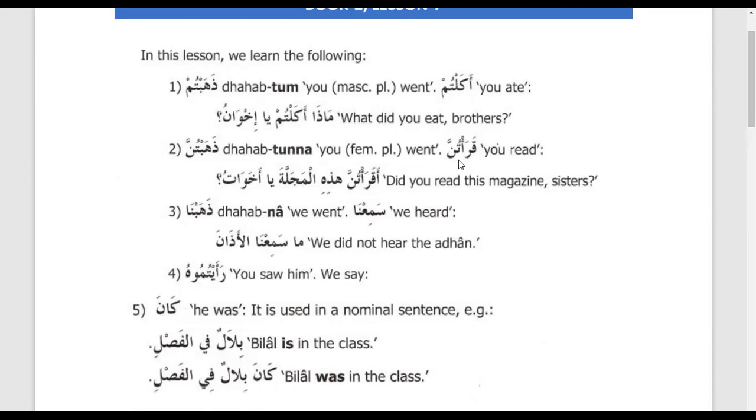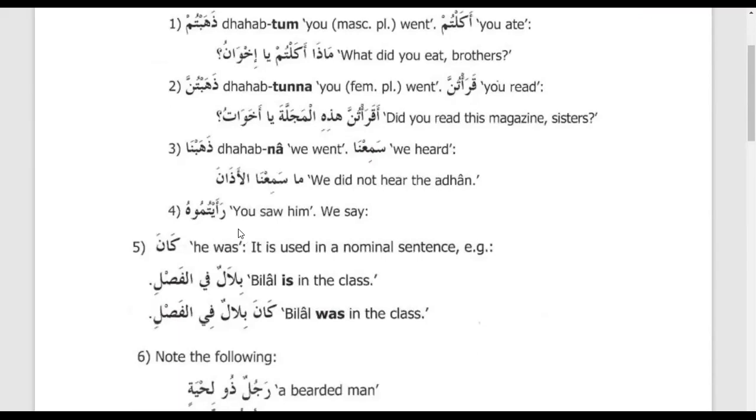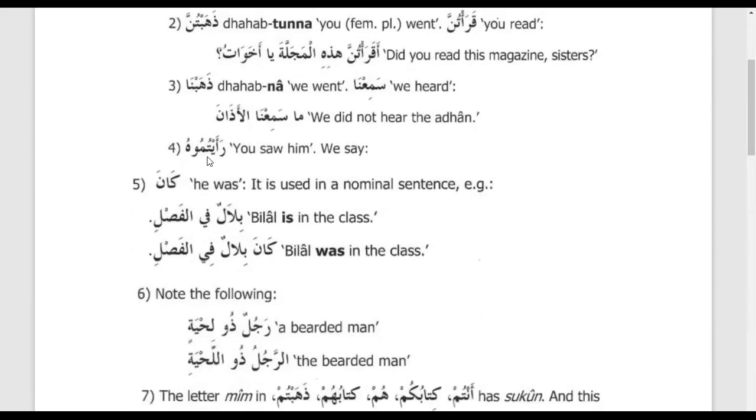Okay, and we read. قرأنا. Excellent. And we heard. سمعنا. Okay. If we want to say we didn't read, we will say ما قرأنا. Excellent. And we didn't eat. ما أكلنا. Excellent.